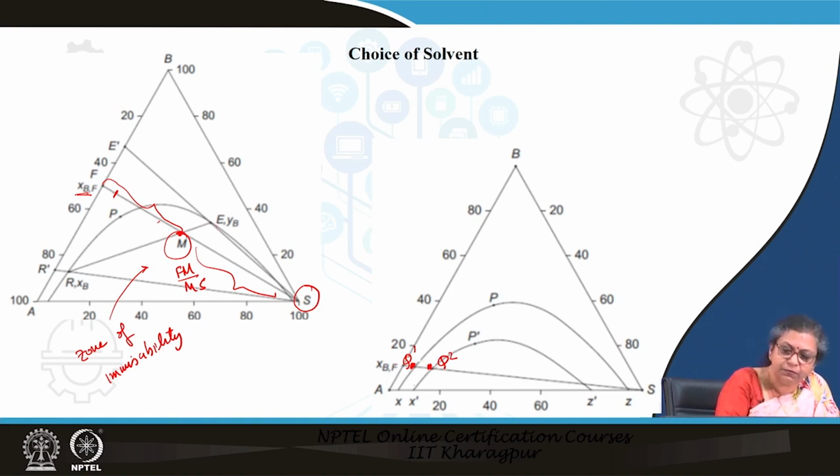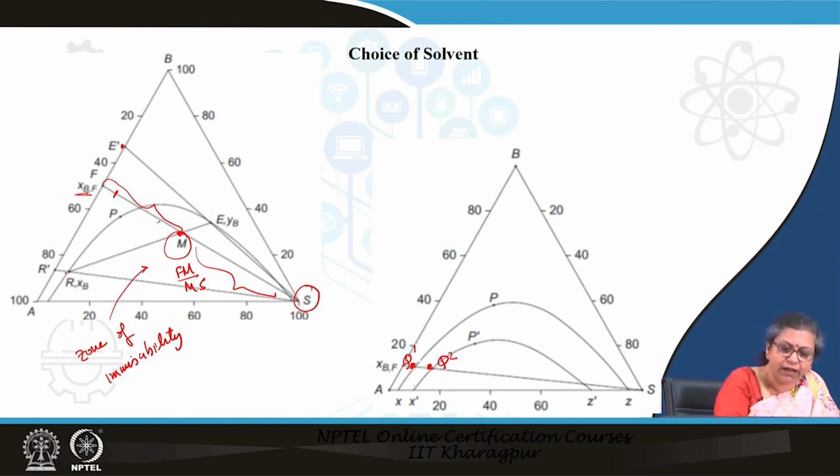Now, if you remember, the extract phase we send to a solvent recovery unit. If we assume that the entire solvent has been recovered, then what remains from the extract is E prime, the portion of the extract from which the solvent has been completely removed. So, naturally that lies on this particular point.